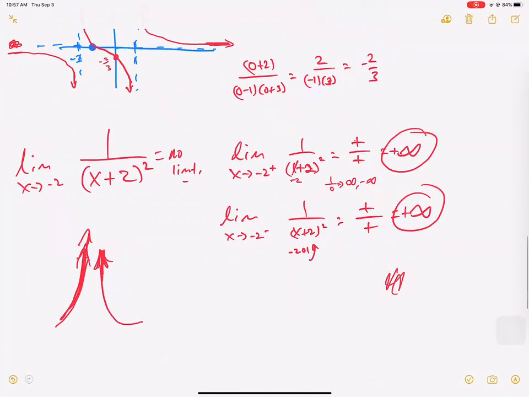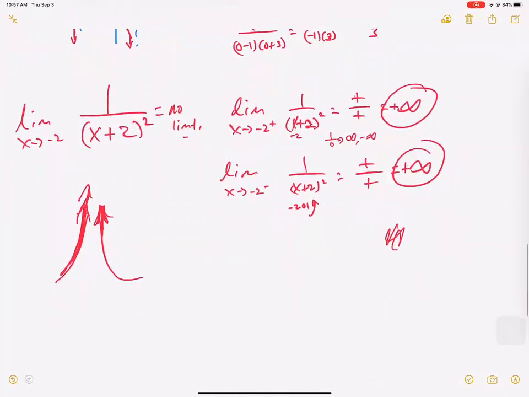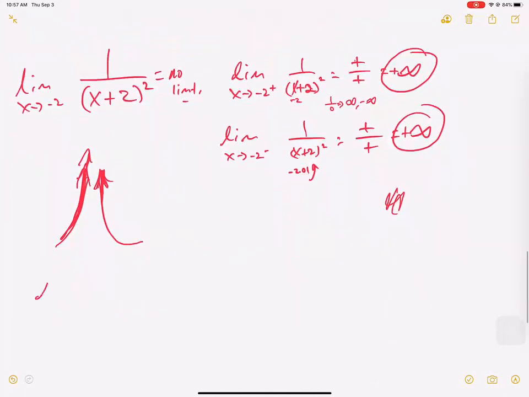Okay, let's do one more dumb one. Limit as x approaches 3 from the right side of 1 over negative x plus 3 cubed.